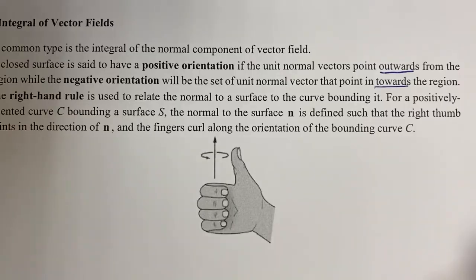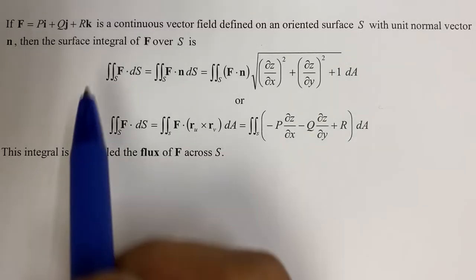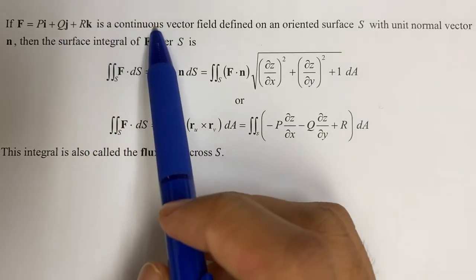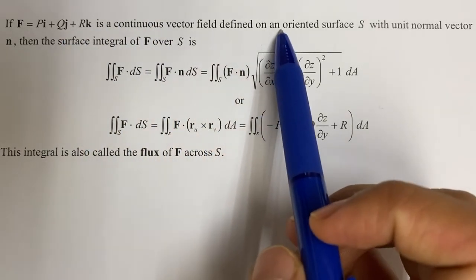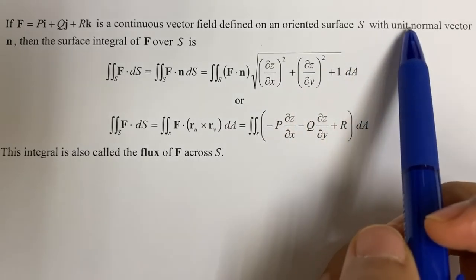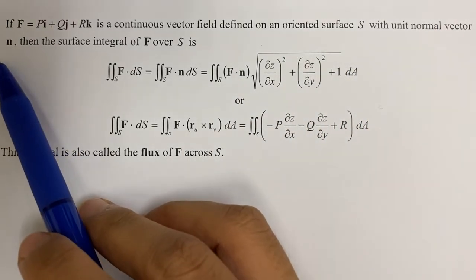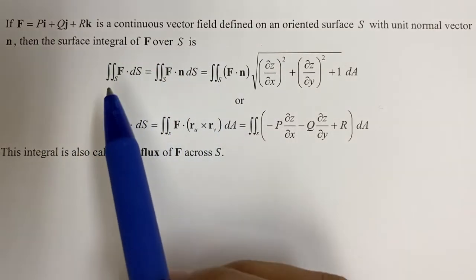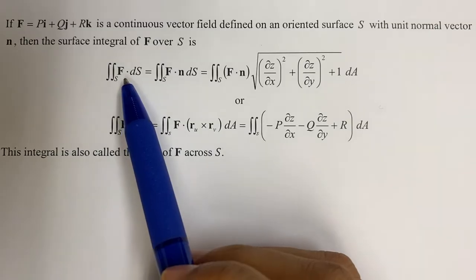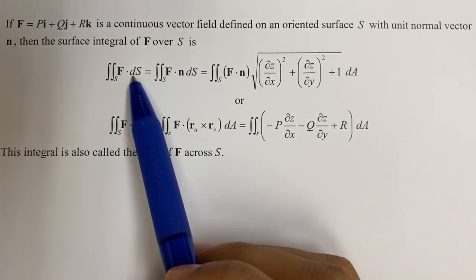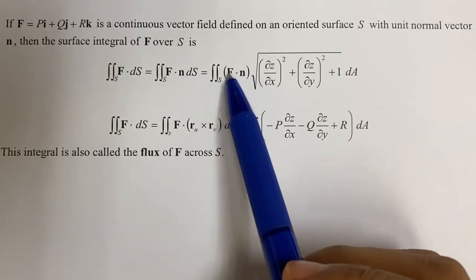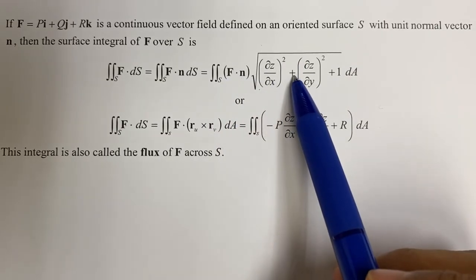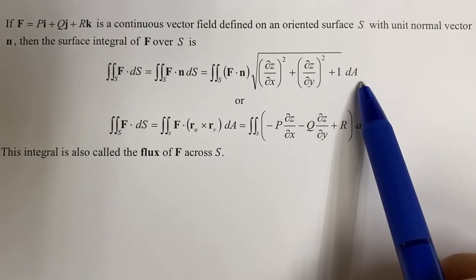vector field. If F is written as P i plus Q j plus R k, a continuous vector field defined on an oriented surface S with unit normal vector n. Okay, n is the unit normal vector. Then the surface integral of F over S, the surface integral for a vector field, double integral F dS is equal to the double integral of F dot n multiplied by the square root of (del z over del x) squared plus (del z over del y) squared plus 1 dA.